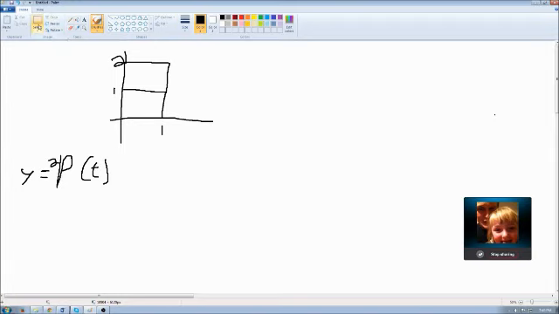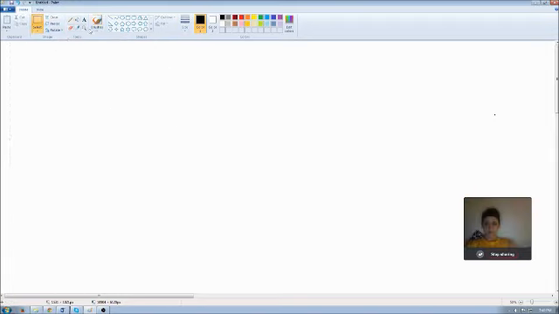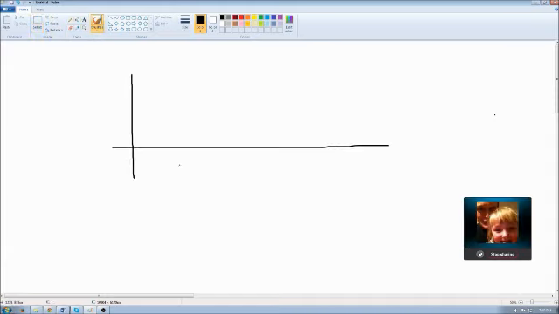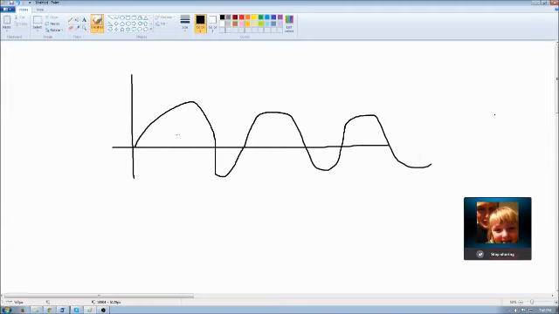So if I were to have a sound wave, and I wanted to make this entire thing bigger, basically what I'm going to do is just multiply the entire equation.